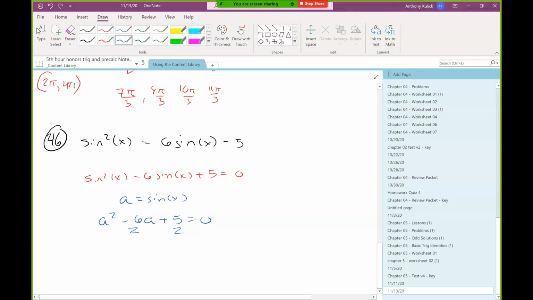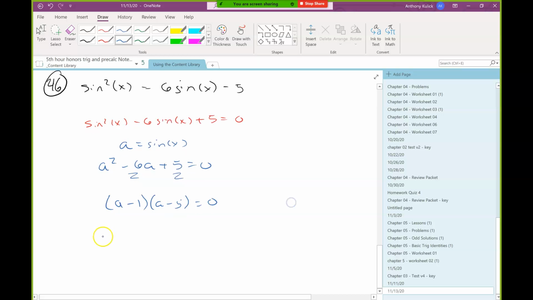Those two numbers are negative 1 and negative 5, right? So do that. And then I can apply the zero product property and set each of these factors equal to 0 and solve them independently.